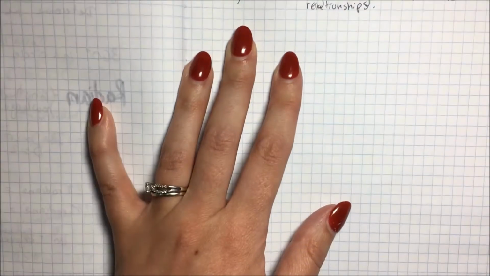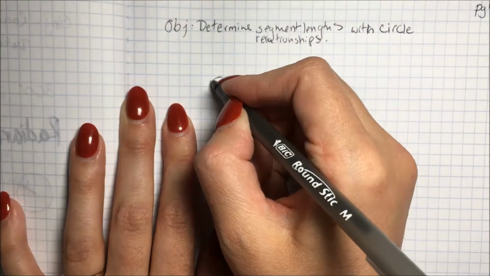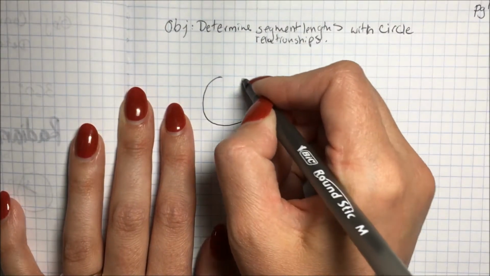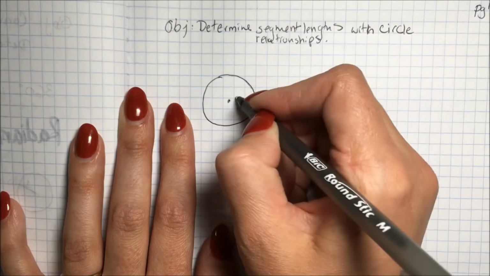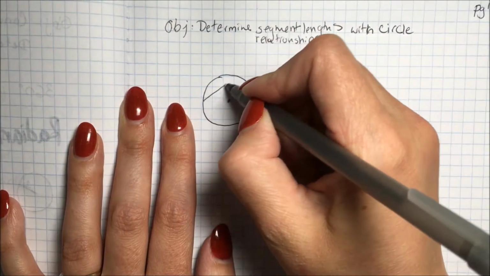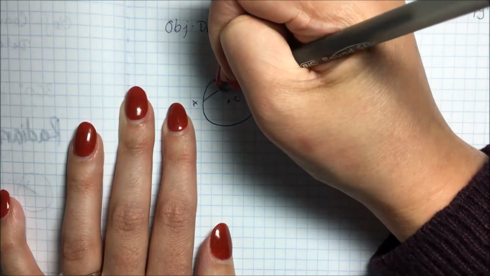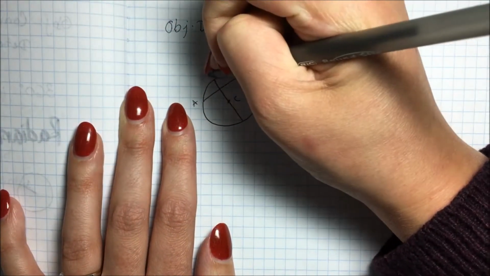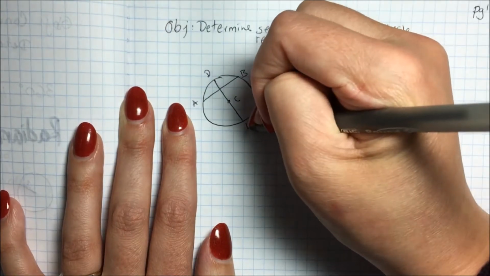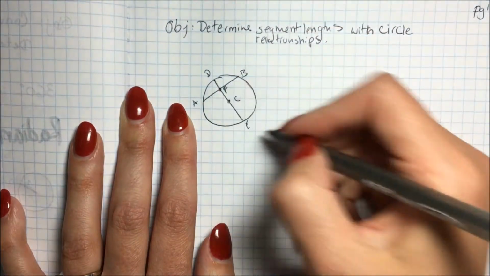Okay, the first thing I want to come back to is that perpendicular bisector of a chord. So if C is the center of my circle, and AB is any chord, then that perpendicular bisector of that chord will be the diameter.